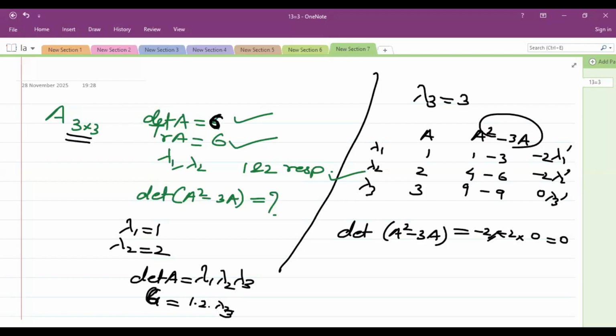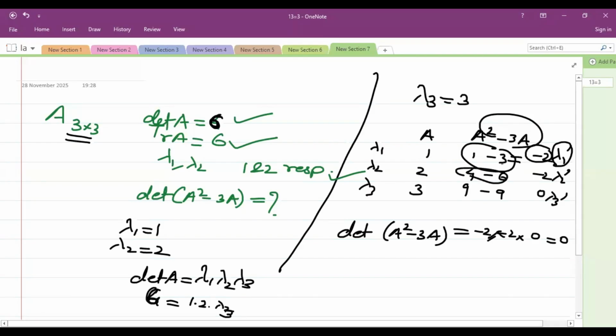Minus 2 is the eigenvalue of A square minus 3A, which I'm denoting with lambda 1 dash. Clear? Okay, sir.